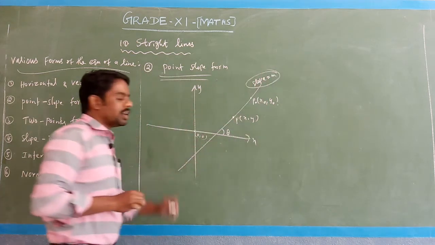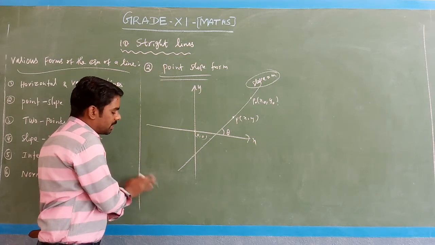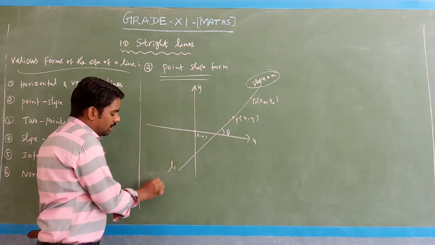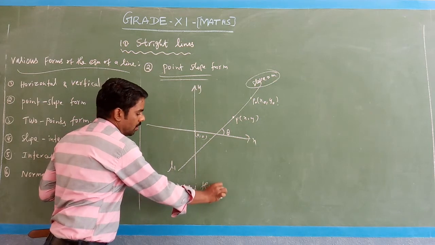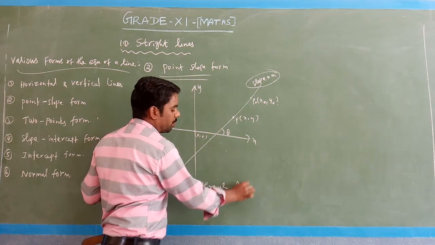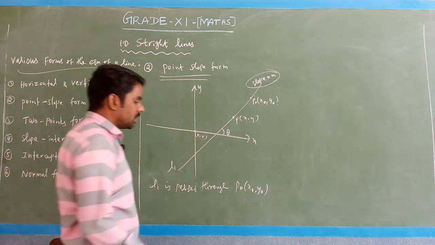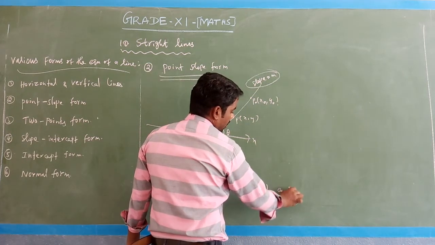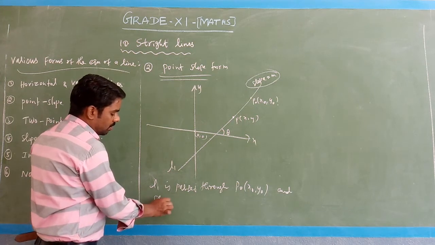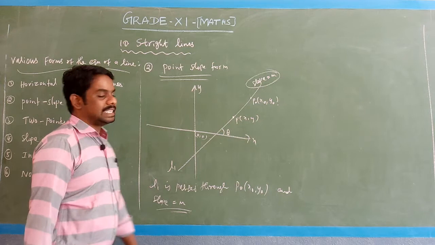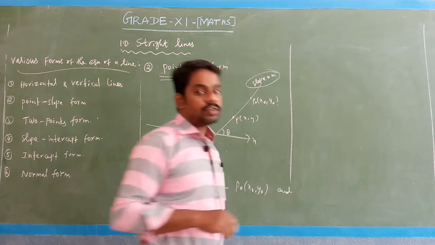Then the equation of the line: this line L1 passes through the fixed point P naught, x naught comma y naught, the angle is theta and the slope is m.